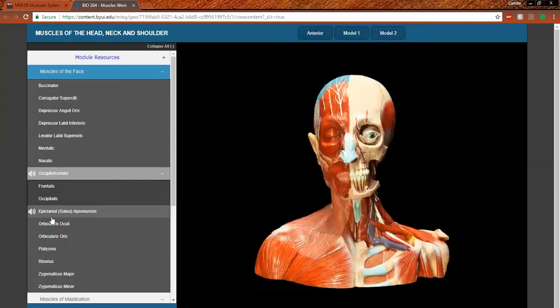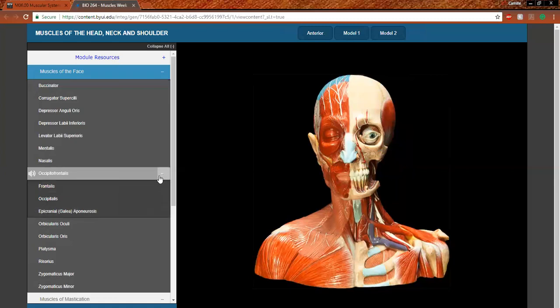And then your epicranial aponeurosis. Epi means upon, cranial, your head, so upon your head. And then aponeurosis, I just think of upon again. You have to come up with whatever works for you guys. I think that's almost all of them.